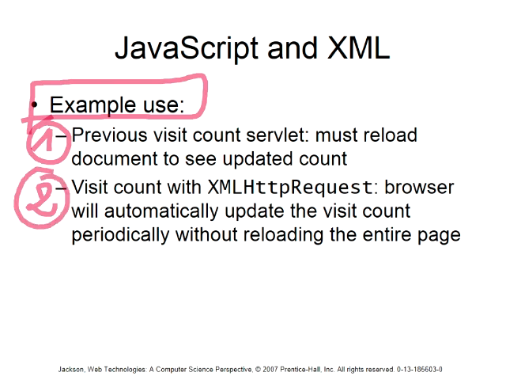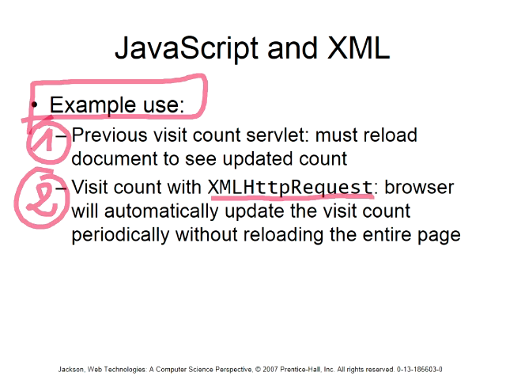In this example of use, there is a difference between the first scenario and the second one. In the first scenario, we have a servlet visit count, and this servlet counts the number of visits.